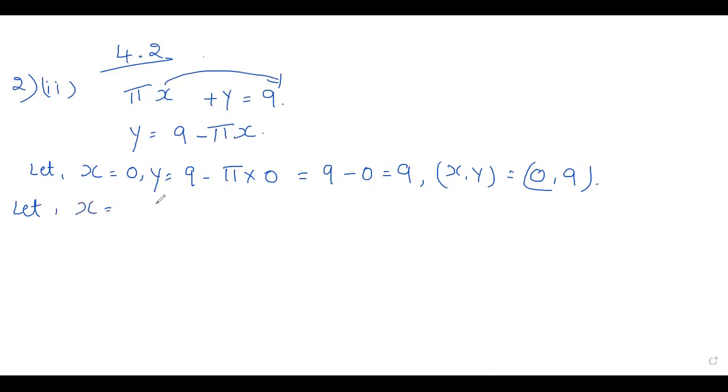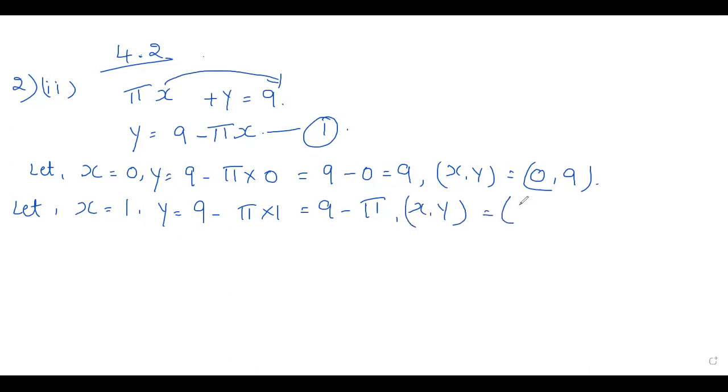Let x is equal to 1. Y is equal to, substitute 1 in the given equation, that is equation number 1. 9 minus pi into 1. So 9 minus pi into 1 is 9 minus pi. X comma y. What is x here? It is 1.